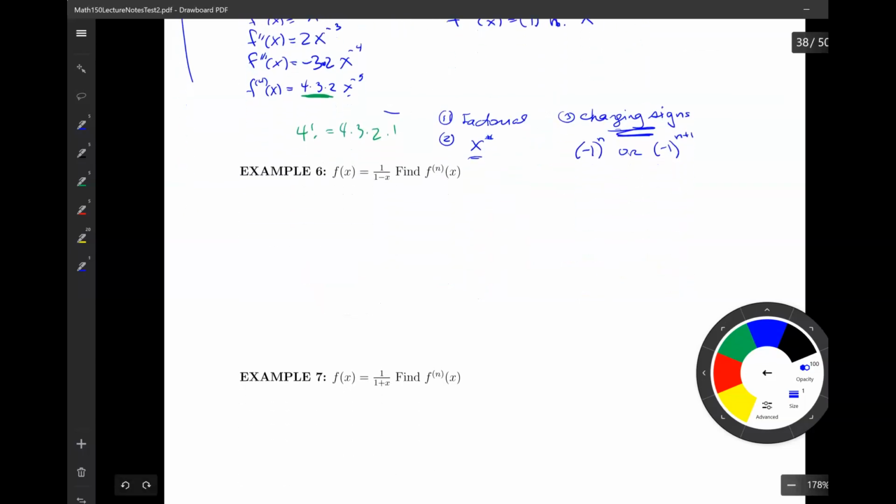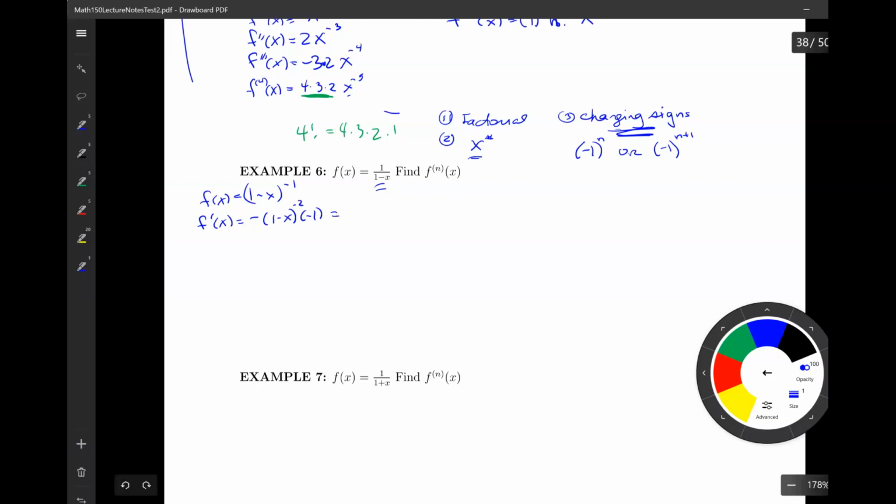All right, let's do these next couple. So again, don't do quotient rule. Rewrite it so that you can do chain rule. Don't do quotient rule a bunch of times. Way too cumbersome, and you will not be able to see a pattern. So I get negative 1 minus x to the negative 2 times negative 1, chain rule, fix the negatives.